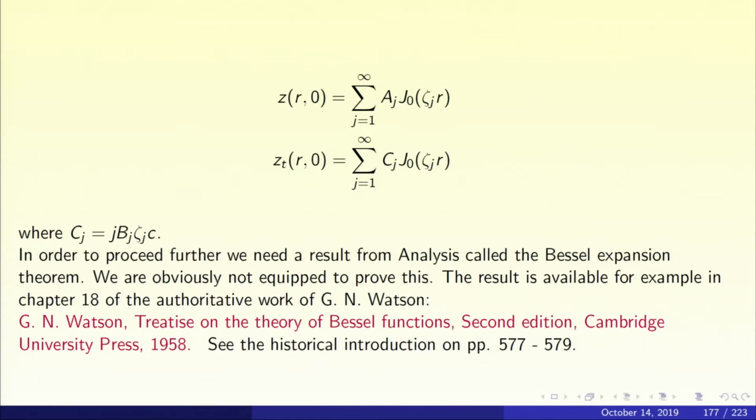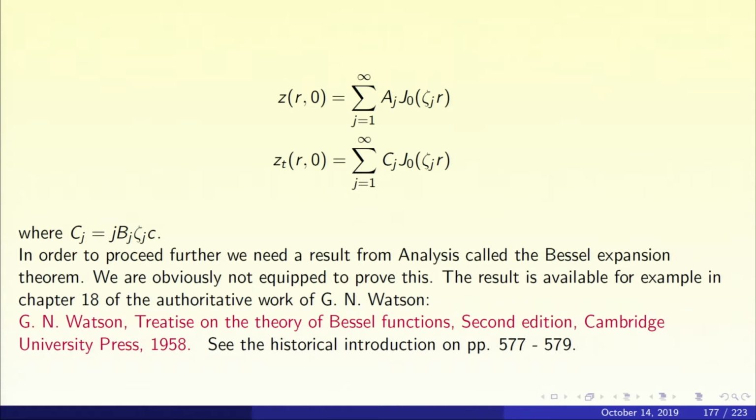Z of r comma 0 is summation j from 1 to infinity aj J0 zeta j r, zt of r comma 0 is summation j from 1 to infinity cj J0 zeta j r, where cj denotes c zeta j bj, with little c. All those constants have been lumped into one constant, capital Cj.